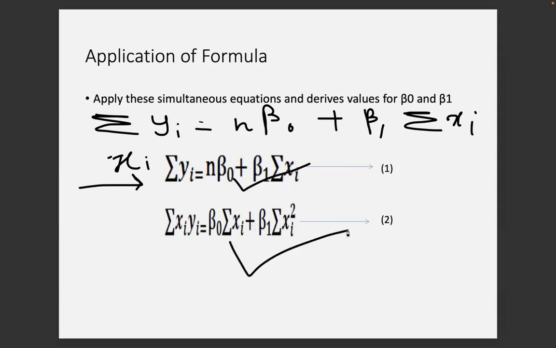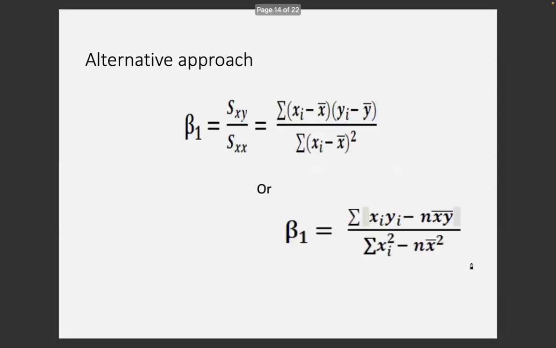Once we have these two equations, we can solve them simultaneously and find the values for beta naught and beta 1.